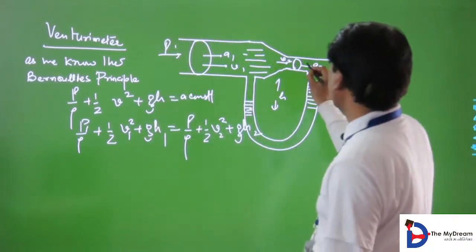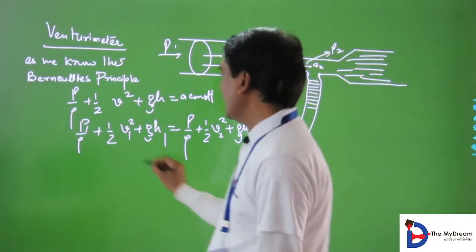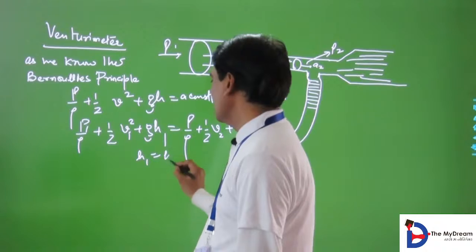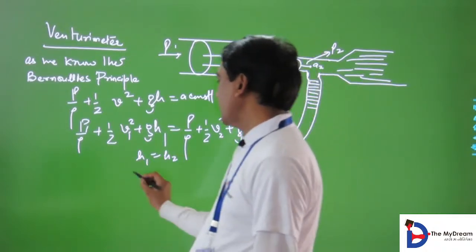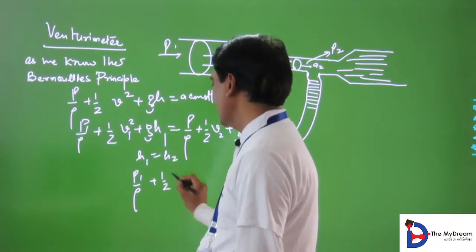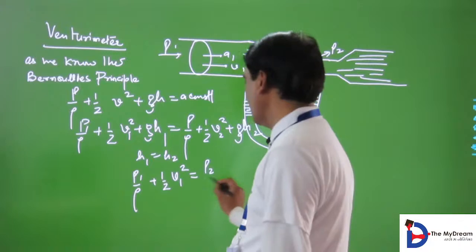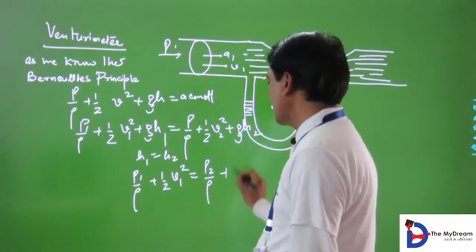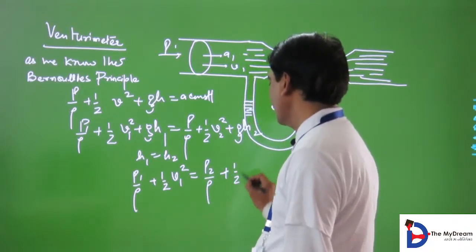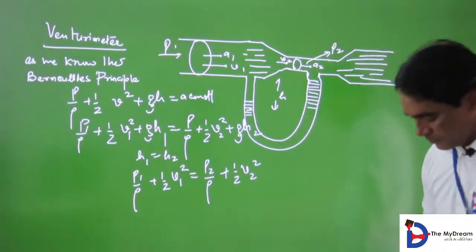At this section, the pressure is P2. Here h1 is equal to h2. So P1 upon rho plus half V1 square equals P2 upon rho plus half V2 square.